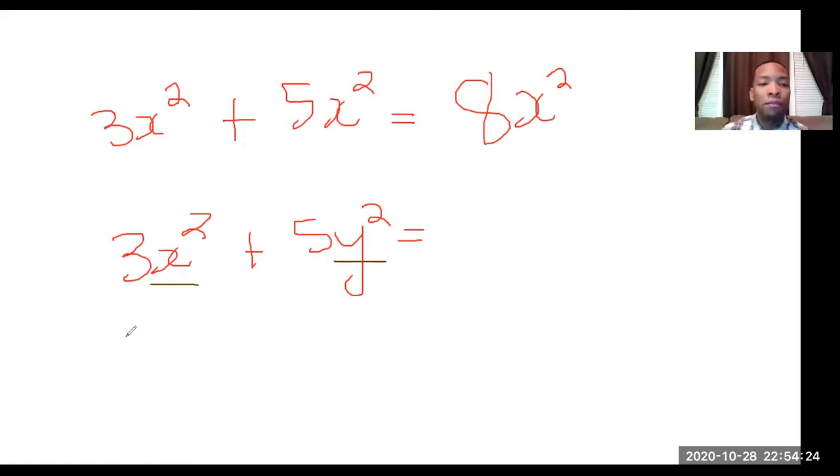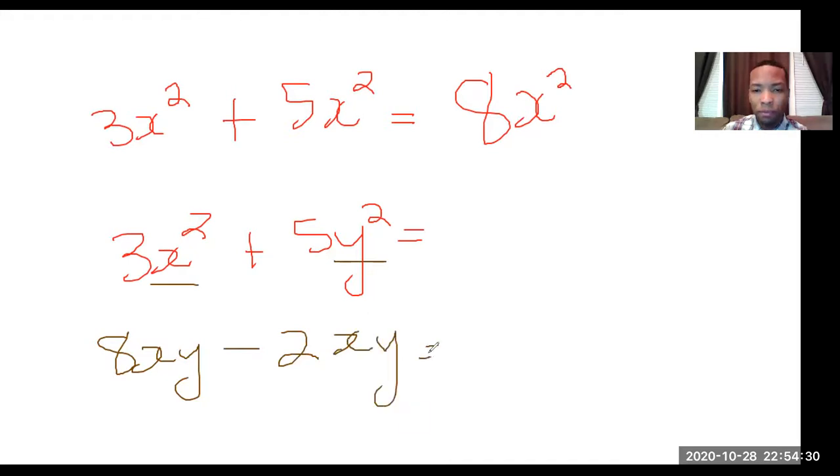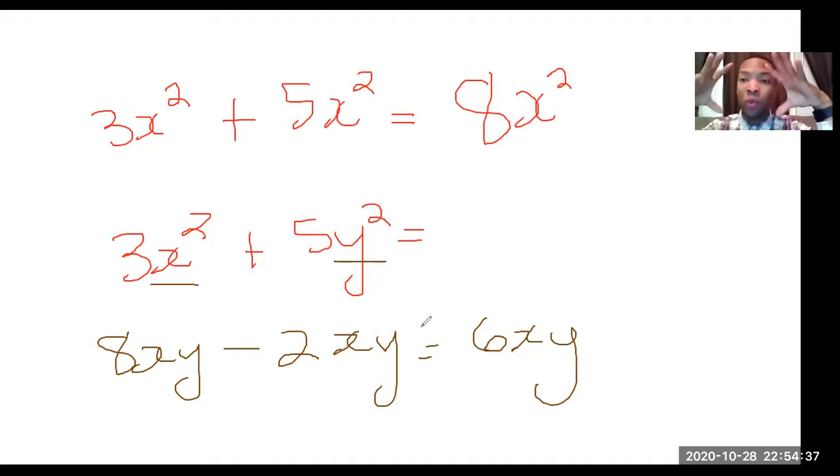If I have 8xy minus 2xy, that would give me 6xy. Because, again, let's say the xy represents apples. It's like I'm saying I have 8 apples, and then I'm taking away 2 apples, which means I'll have 6 apples left.